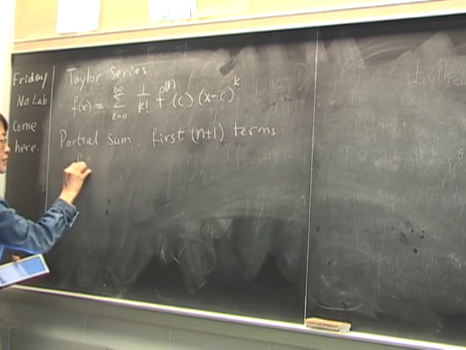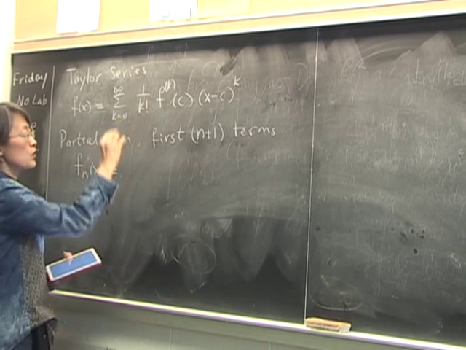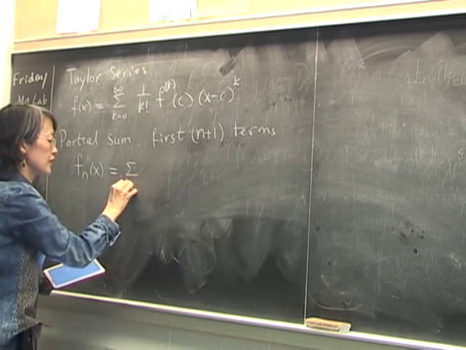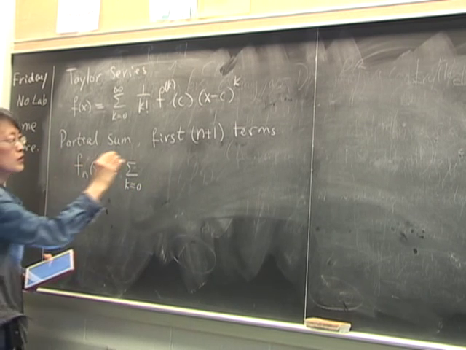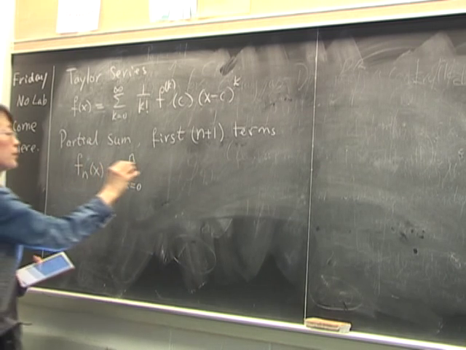We call this expression a partial sum, and give it a name, f_n of x. It equals the same thing, but summed from 0 to n. N is a number, say 100, and then I stop there.